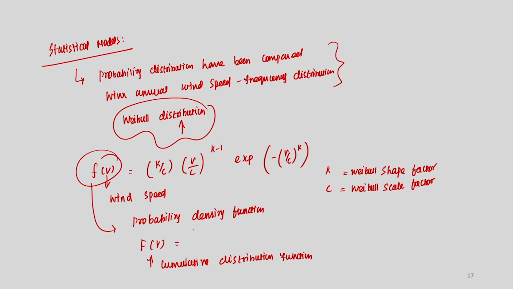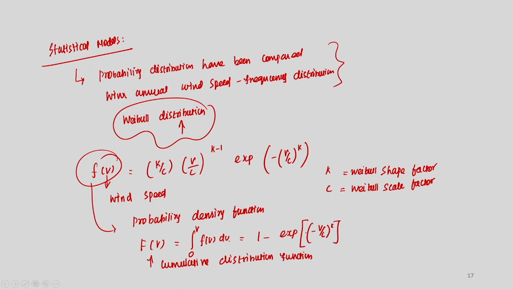This we take as the integral of f of v dv from 0 to v velocity, which is nothing but 1 minus exponential of minus v upon c to the power k. Okay.